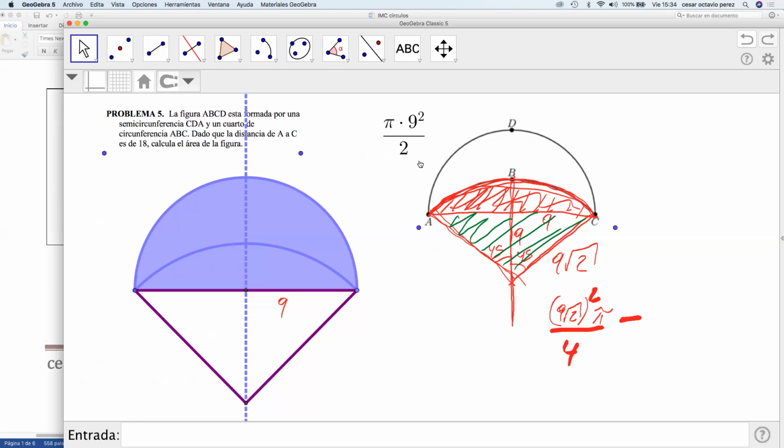That is 18. It's 9 squared. Yes, it's 9 squared. So this is pi times 2 over 4 minus 9 squared. So we need to subtract.